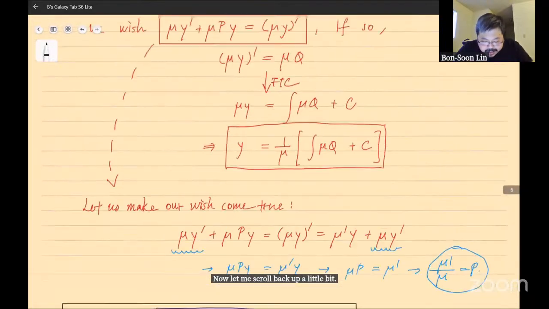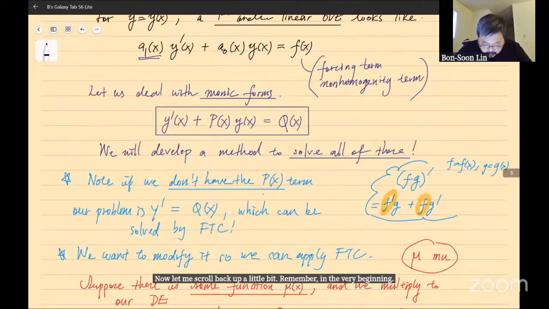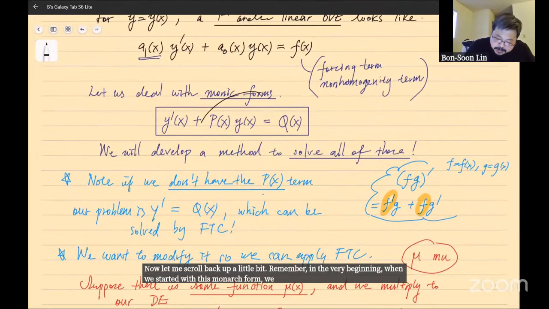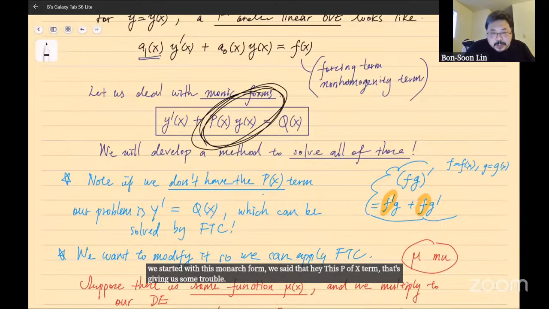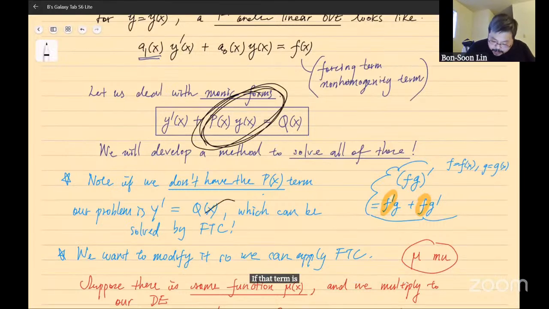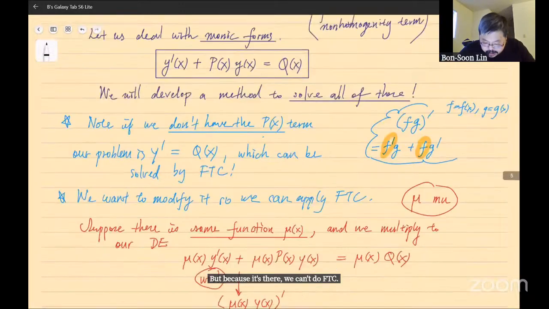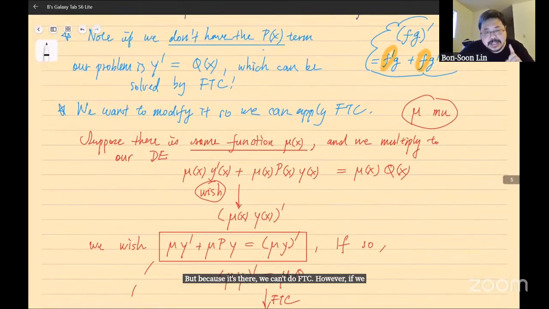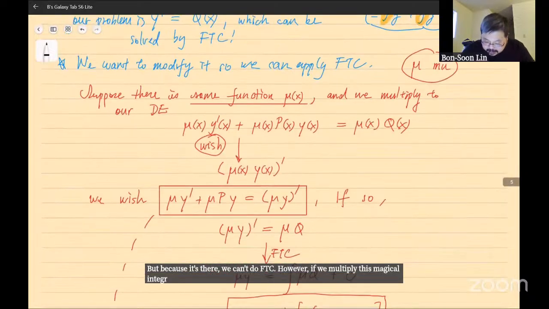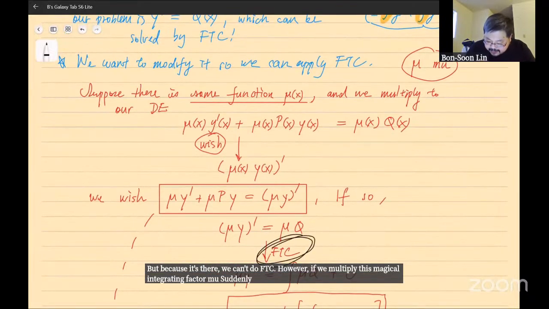Remember, in the very beginning, when we started with this monic form, we said that this p of x term is giving us some trouble. If that term is not there, then we could have done FTC directly. But because it's there, we can't do FTC. However, if we multiply this magical integrating factor mu, suddenly that enables FTC to work directly.